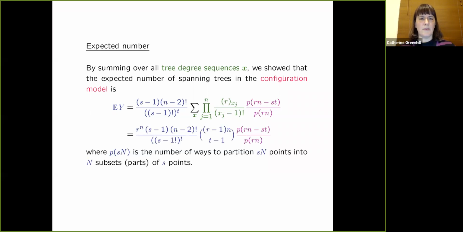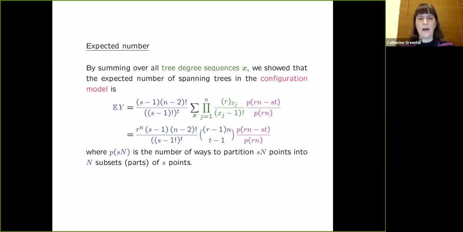So I'll just put the next line in so we can see what P of Sn is. P of Sn is the number of ways to partition Sn points so that you've got n parts of S points, okay? So that's how you count your overall number of configurations, with P of Sn in the denominator.